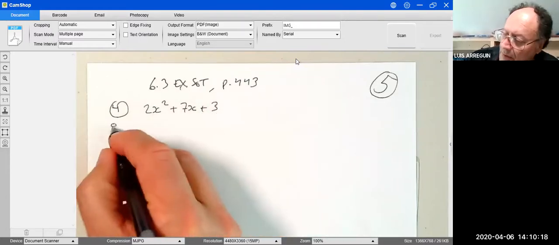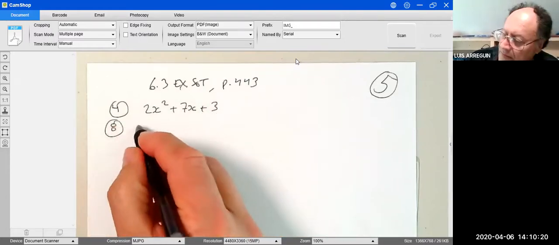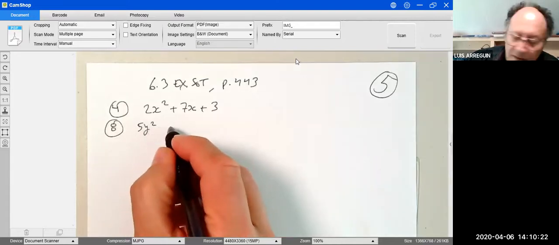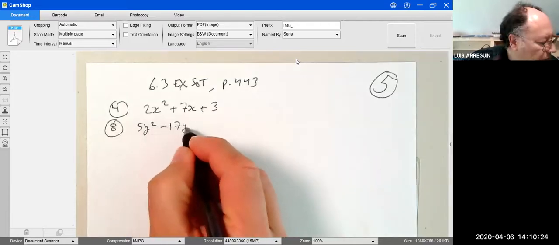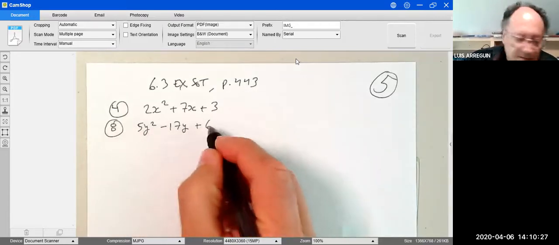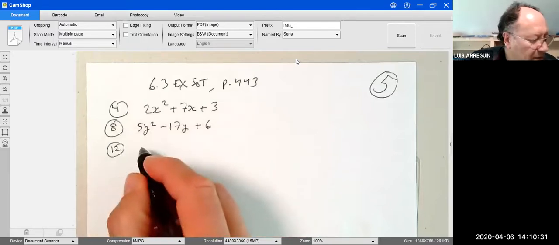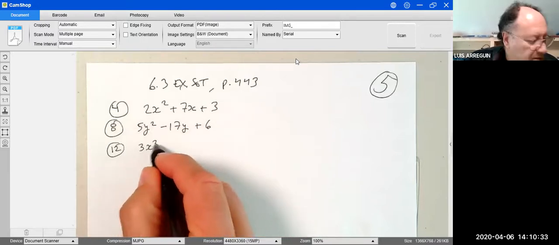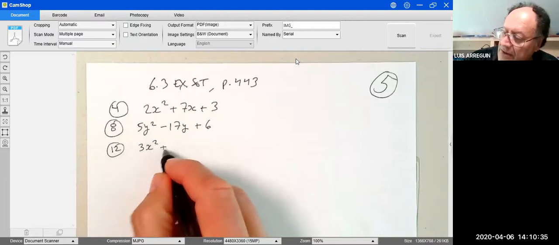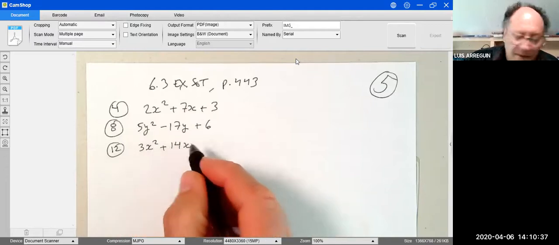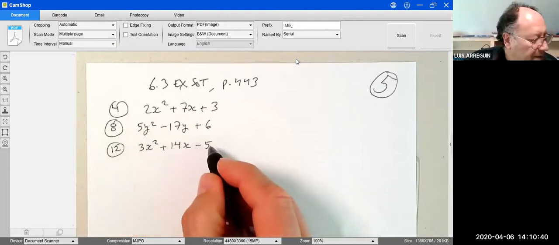Then we have problem 8, which is 5y squared minus 17y plus 6. Then you have problem 12, which is 3x squared plus 14x minus 5.